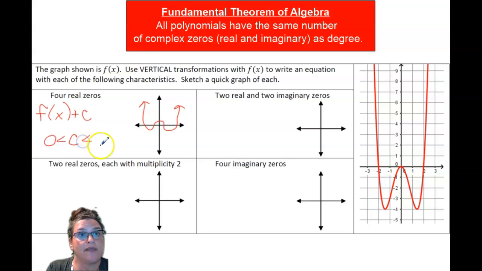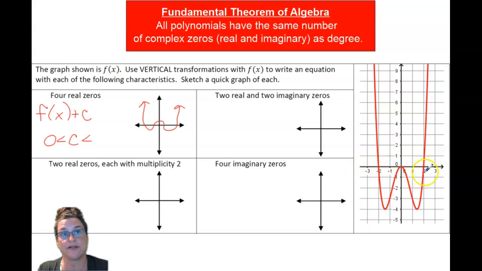And then my upper bound: if I move this graph up 4 units, then I would have 2 bounces on the x-axis. That wouldn't be 4 distinct real zeros anymore. It would be 2 with multiplicity 2. So in order to get my 4 distinct real zeros, I need to be between 0 and 4, non-inclusive, in my translation.